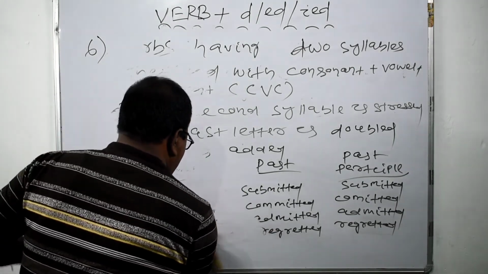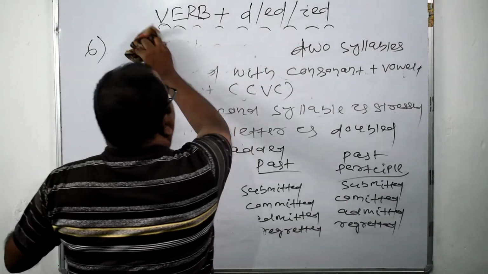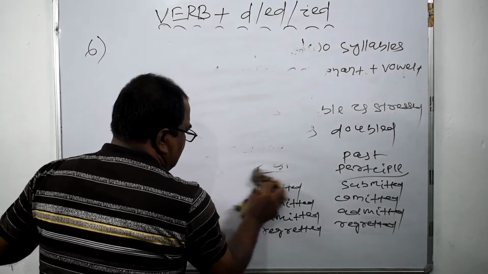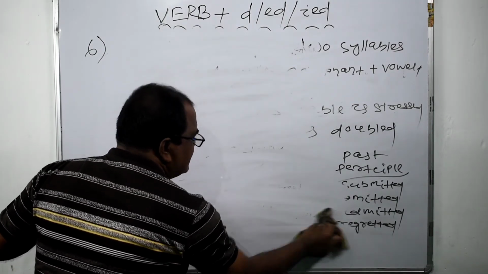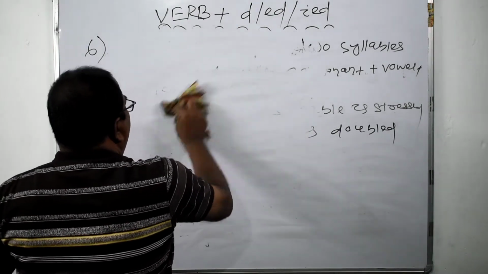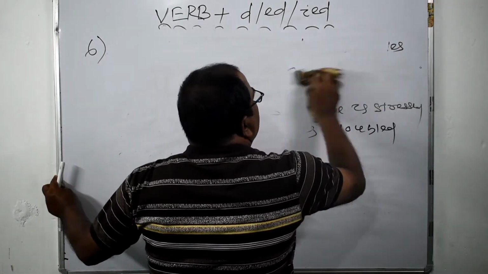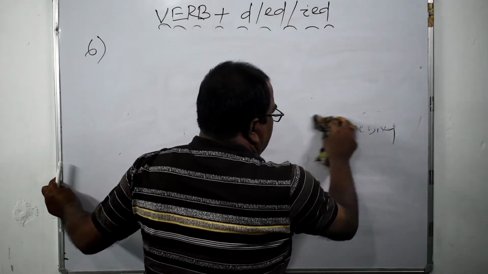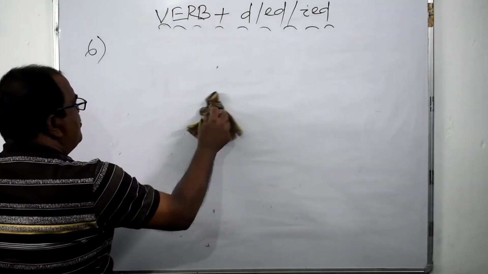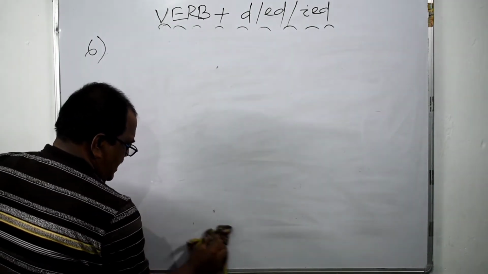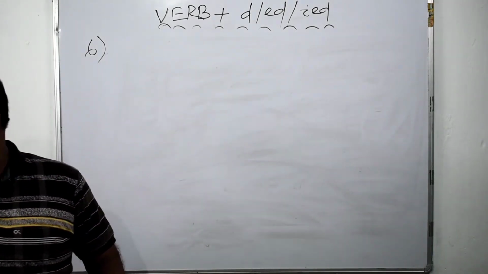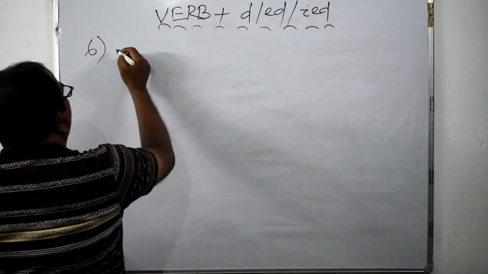In this rule, if the last syllable is stressed, the last letter is doubled and ed is added. So, in order to recognize the stressed syllable, you have to mark the sound of the syllable. If it is long and loud, it is known as a stressed syllable.